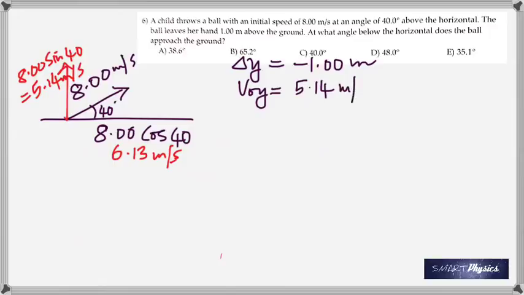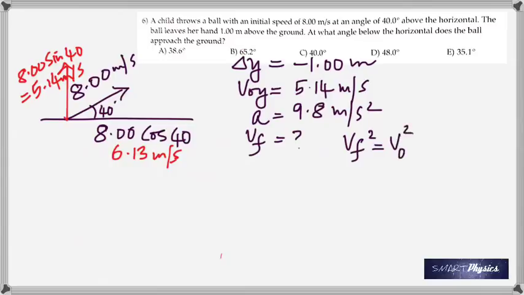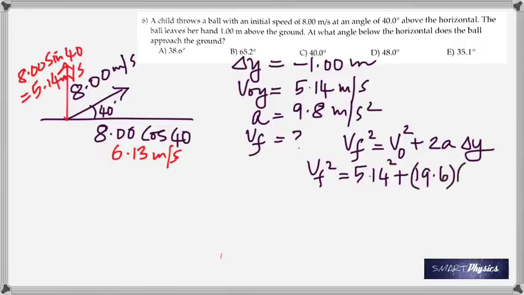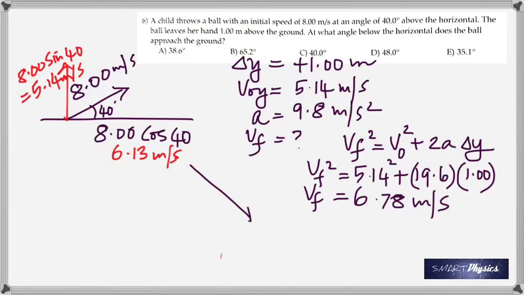VOY is 5.14 meter per second. a is 9.8 meter per second squared, and find VF using this equation. You get 6.78 meter per second. That's the velocity right before it hits the ground.